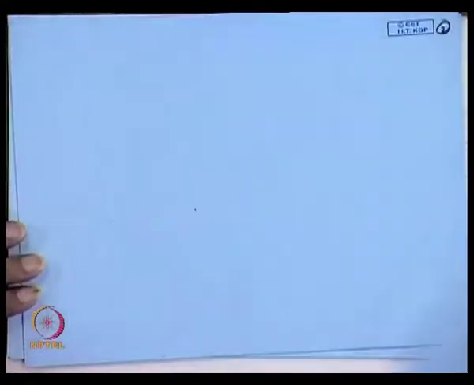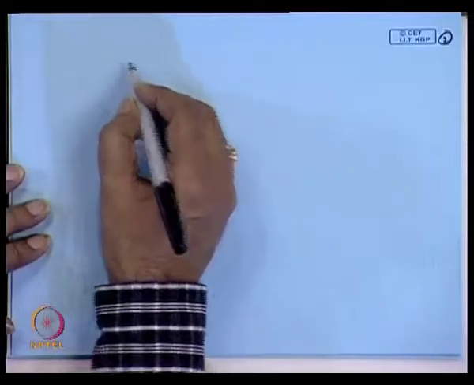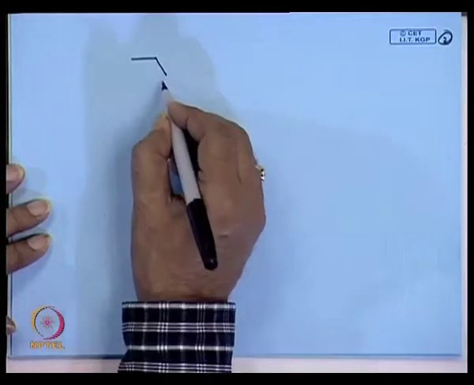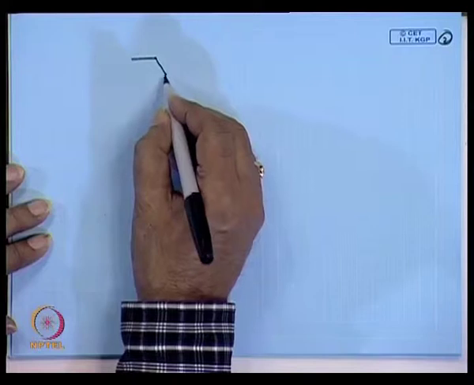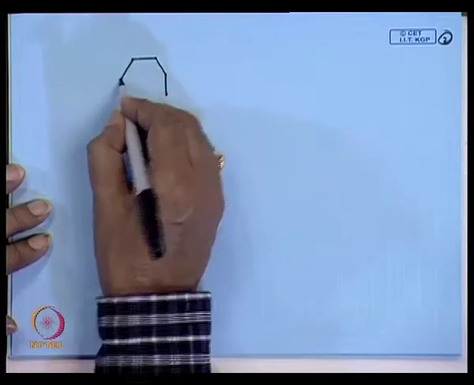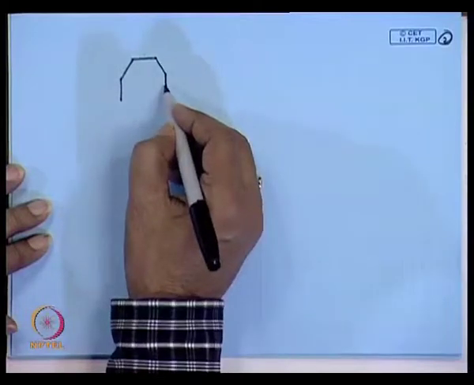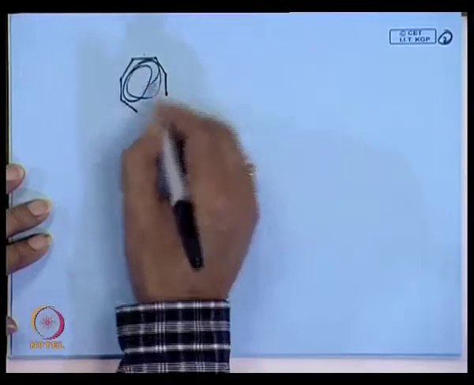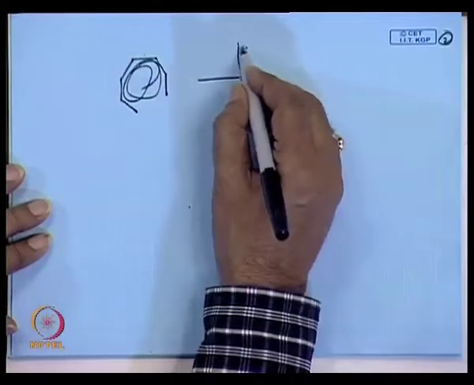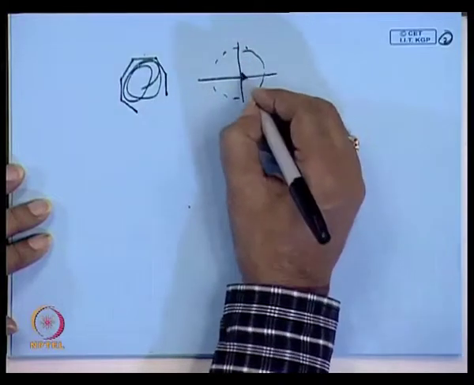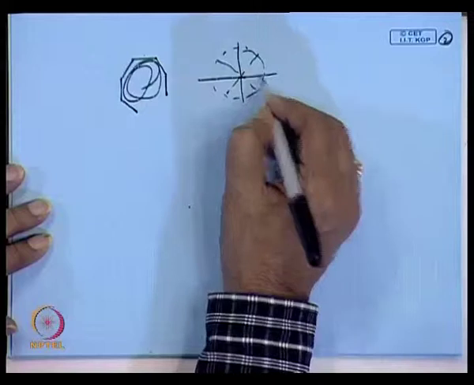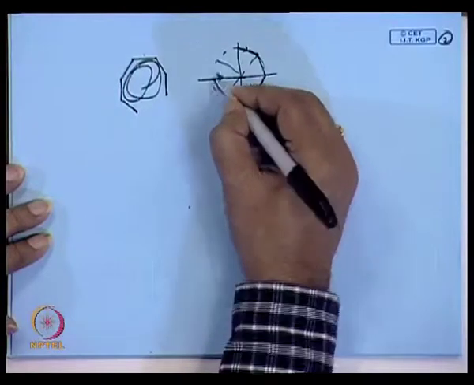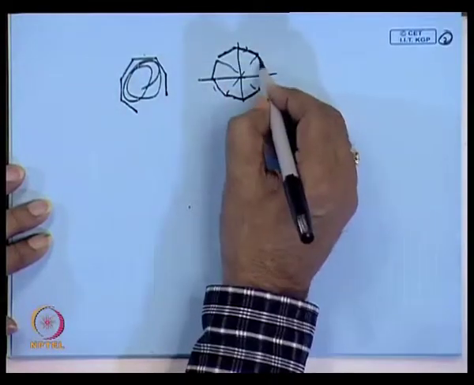So, we can see this by taking a simple regular octagon. I am drawing the octagon this way, with vertices 1, 2, 3, 4, 5, 6, 7, 8.